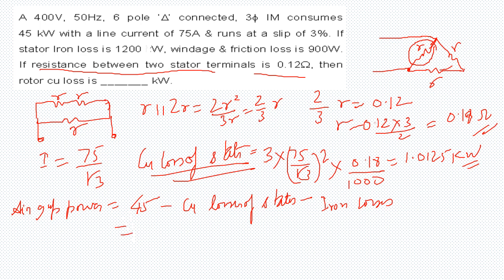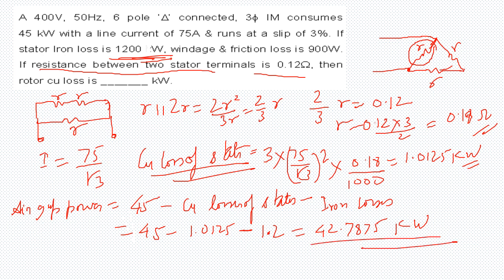So I get 45 minus 1.0125 minus 1200 watts, which is 1.2 kilowatt. When I do that, I get 42.7875 kilowatt.